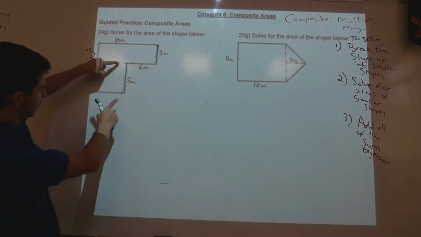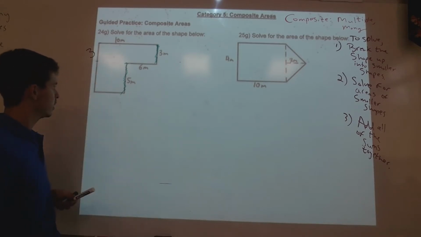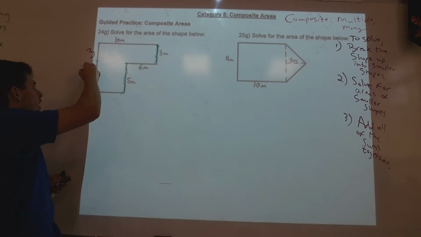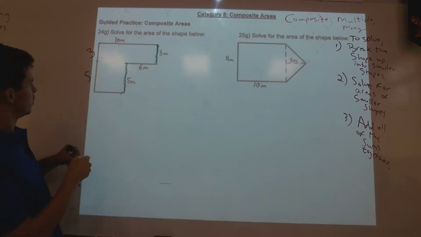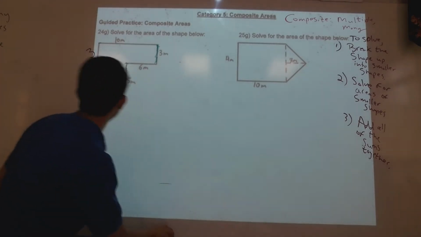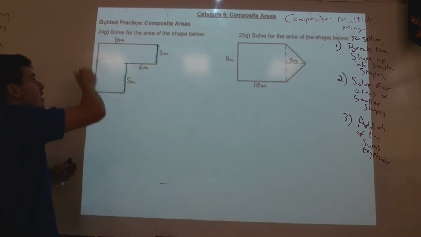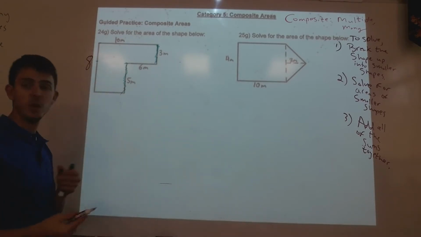And I know that if I take this and go straight across, it's going to be 5. So this portion of the line is going to be 5, and this portion of the line is going to be 3. Therefore, I know the total length of this side is going to be 3 plus 5, which is 8.